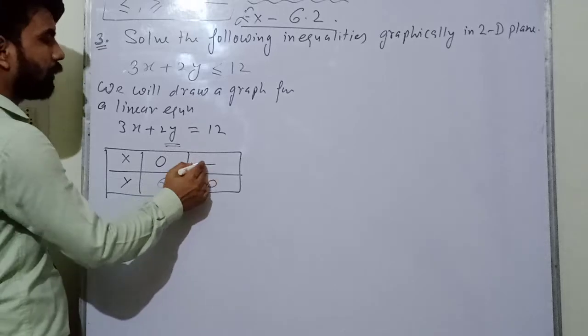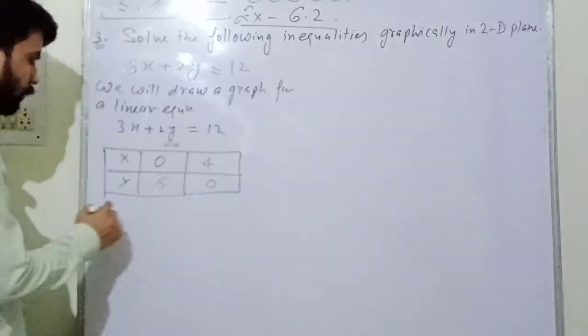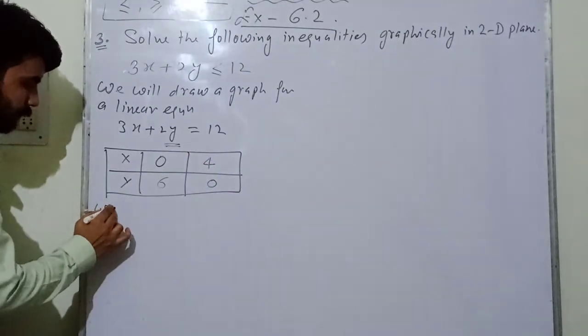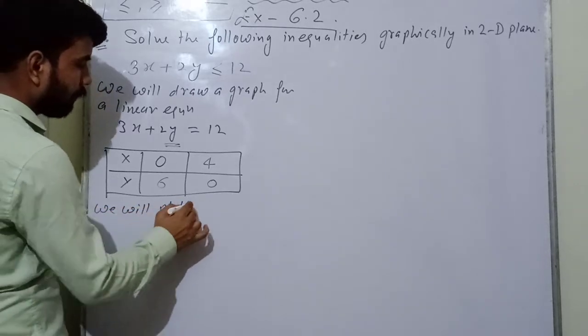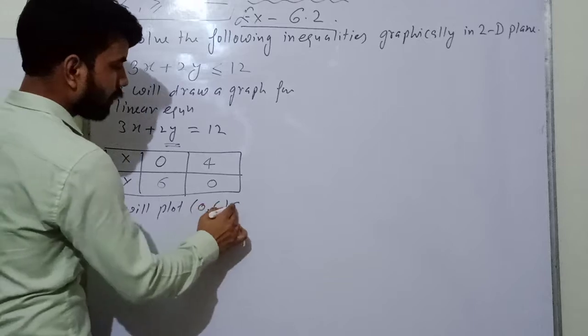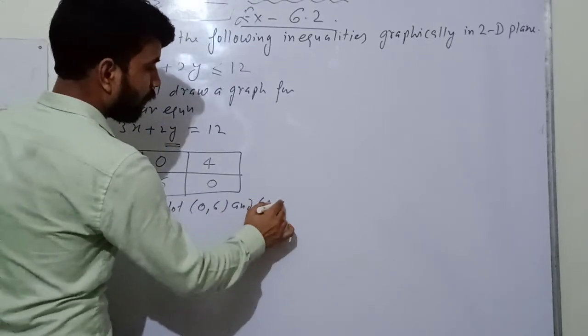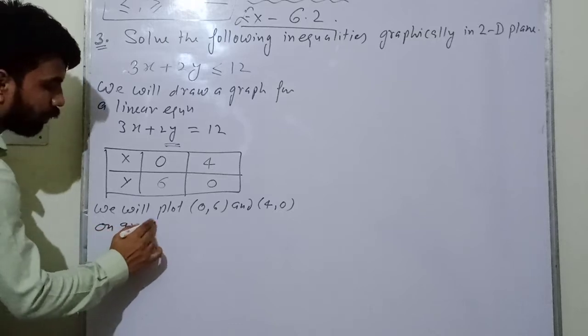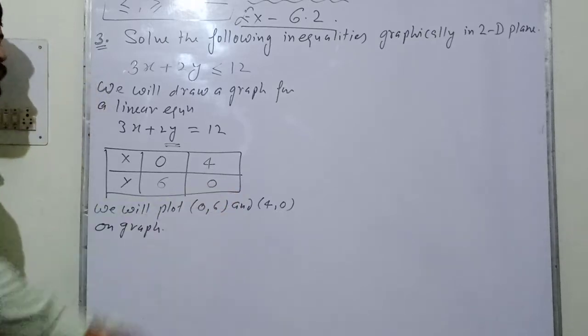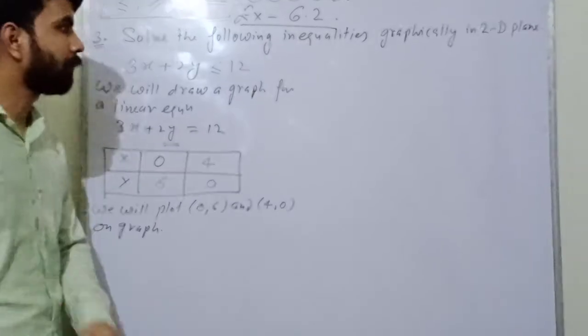Then x equals how much? 4. Now which points will we plot? 0, 6 and 4, 0 on the graph.